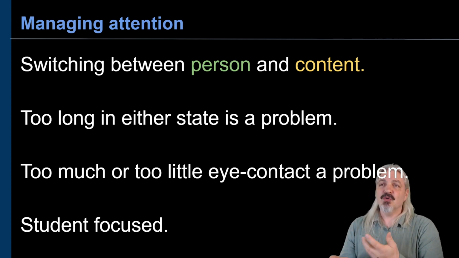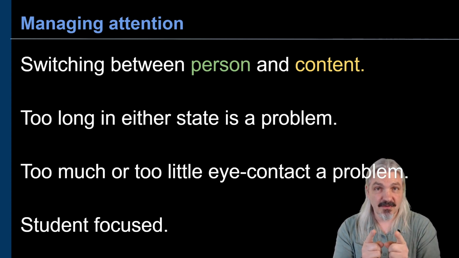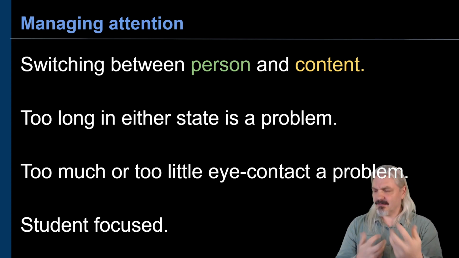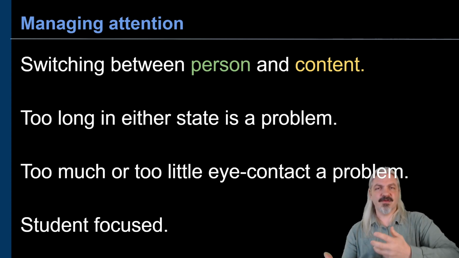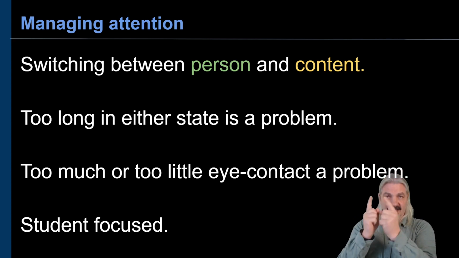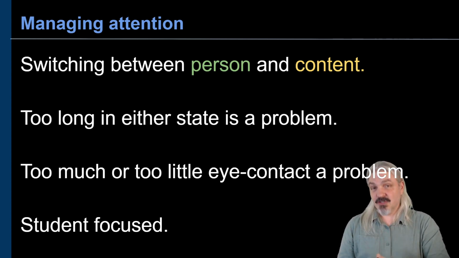If I stare too long in either state, so too long looking at you or too much time looking at the content, then that becomes boring and there's not this kind of flow of attention, right? And that too much or too little eye contact is a problem. Also, I am student focused.